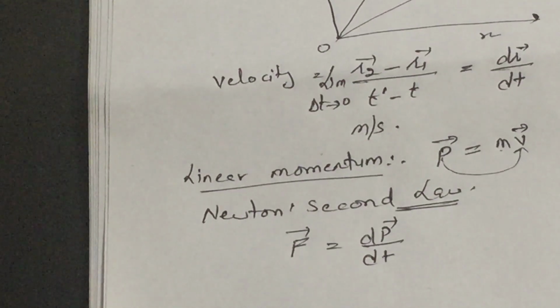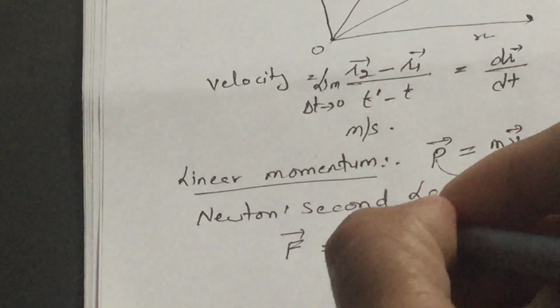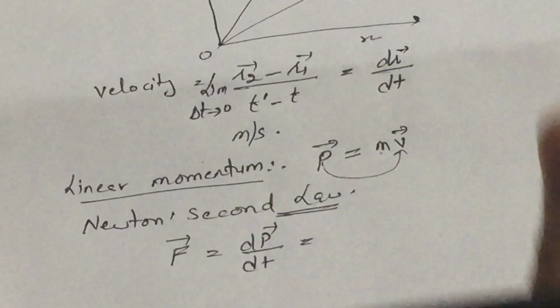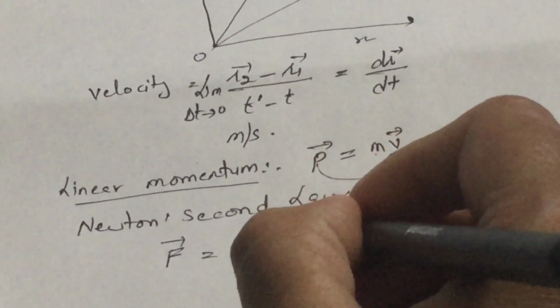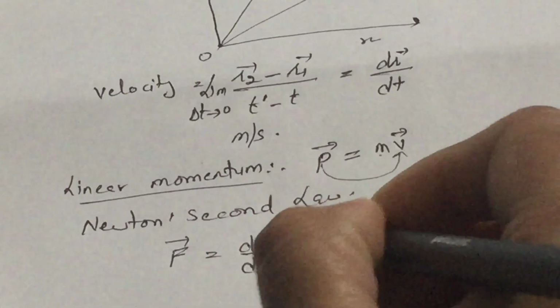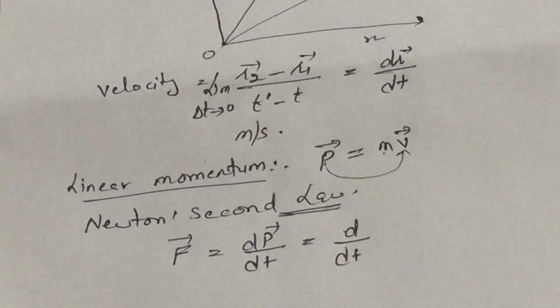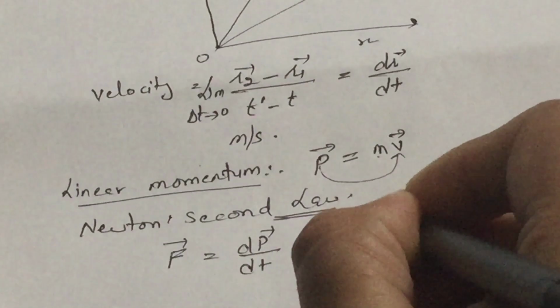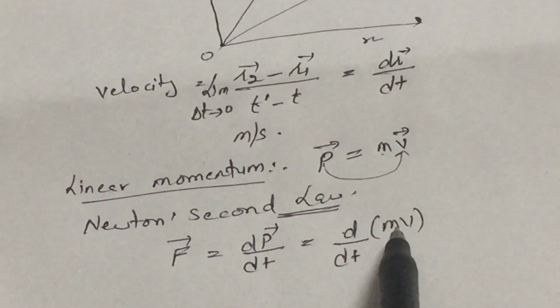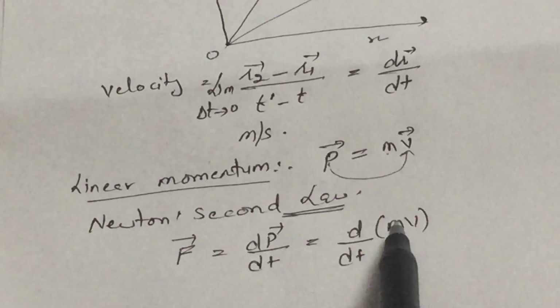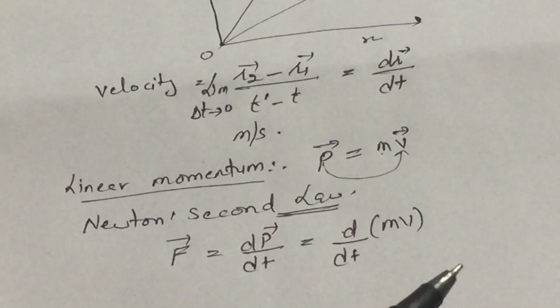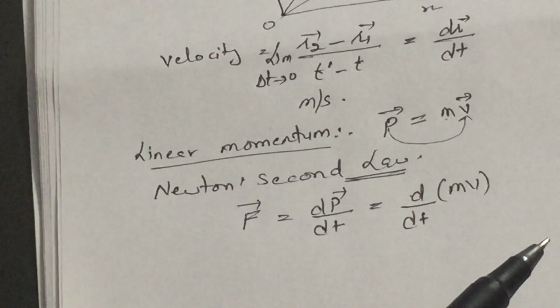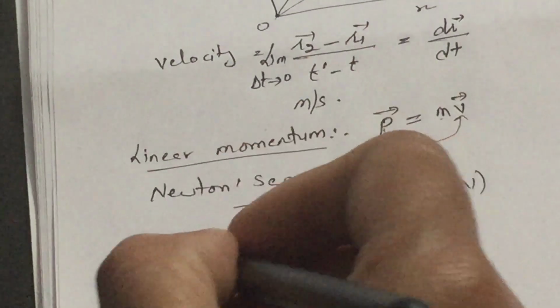F is equal to dp upon dt, and from the above relation we put p is equal to mass into velocity, so we have the time differentiation of mass into velocity. As we know that mass remains constant with respect to time, it means there is a change in velocity with respect to time, and change in velocity with time is known as acceleration.